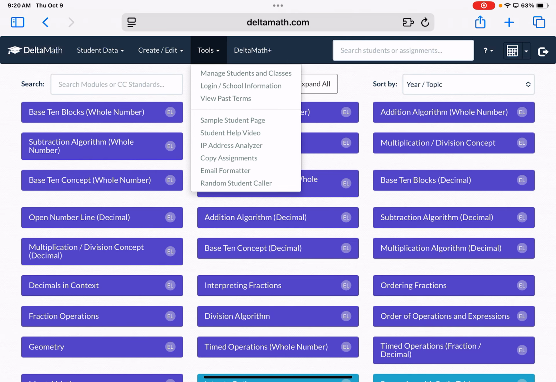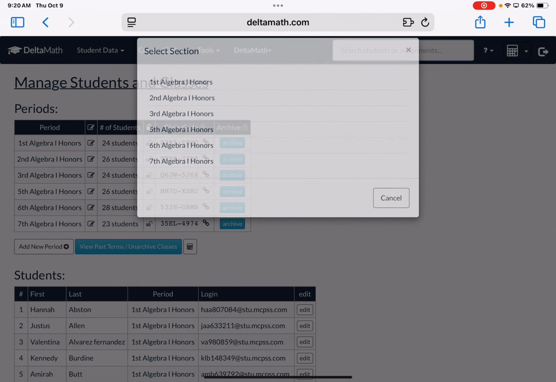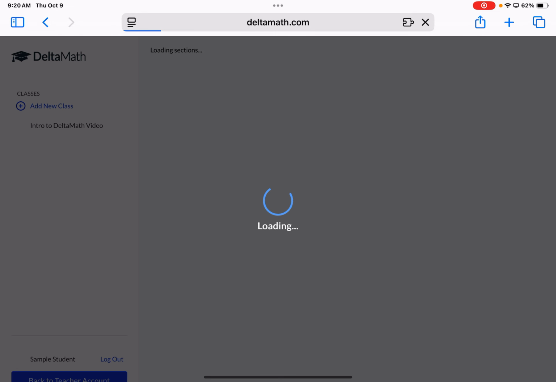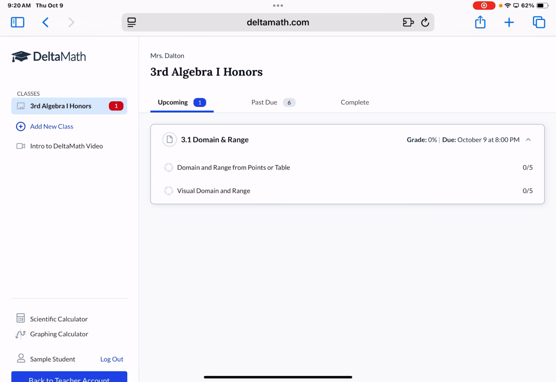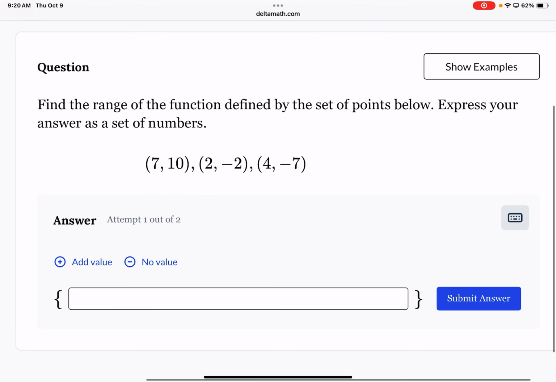All right. So I'm going to go over how to do these. Okay. We're going to look at each section first. So for this first section we have, it says find the range of the function defined by the points below. Range is X or Y's. Y's.